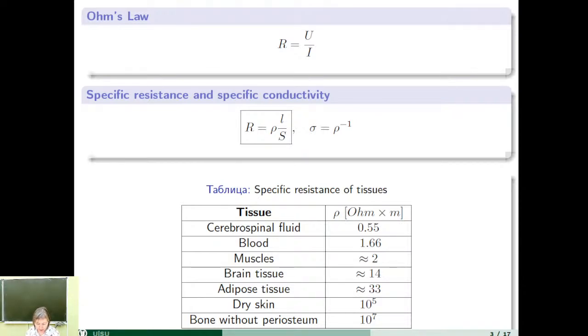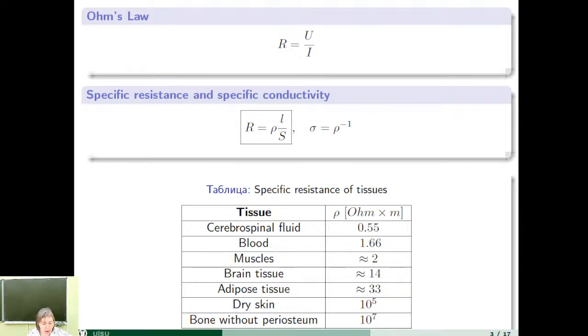Dielectrics, isolators, are substances which have no free charges, therefore do not conduct an electric current. Examples: dry skin, sinew, bone tissue, cellular membrane.